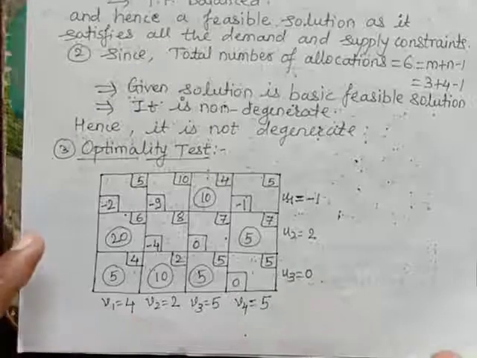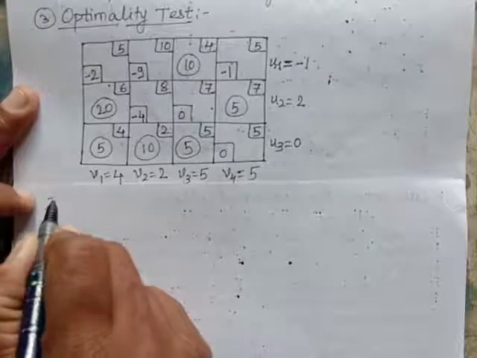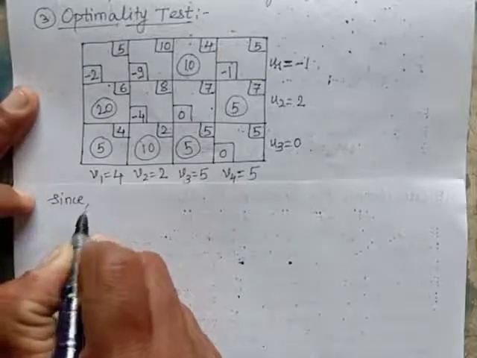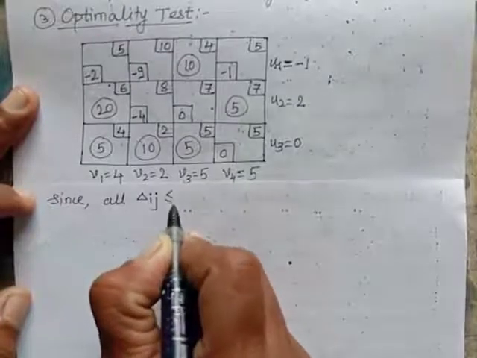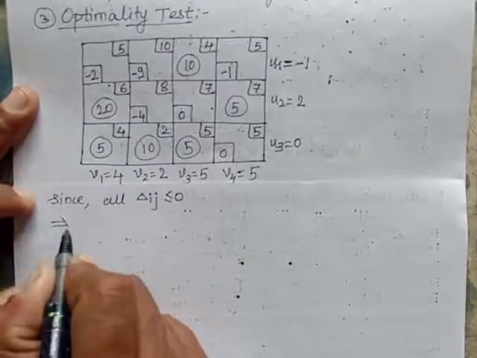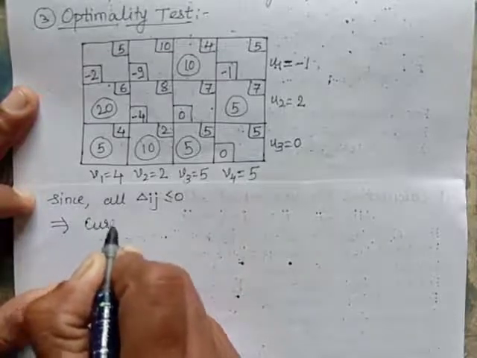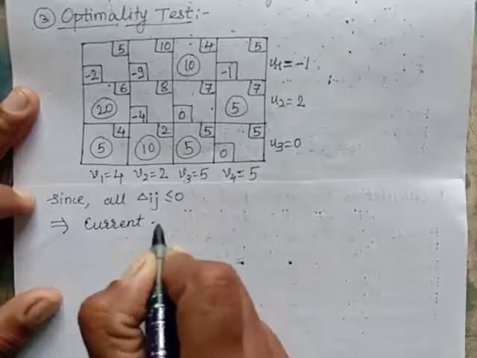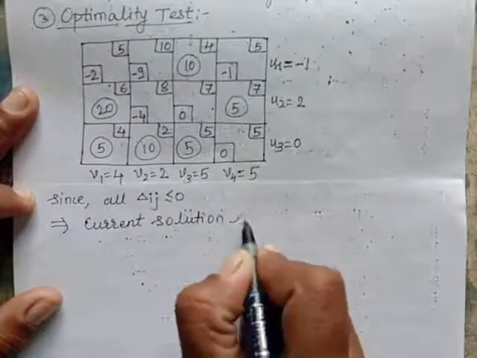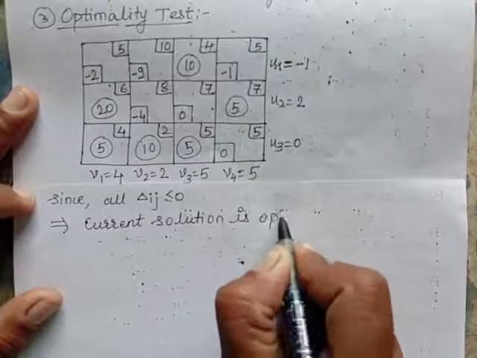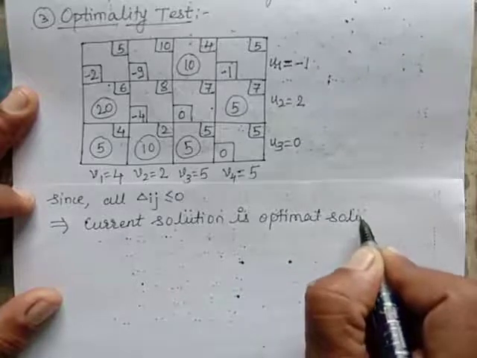So how do we write that? We can say since all delta ij less than or equal to 0 implies current solution is optimal solution.